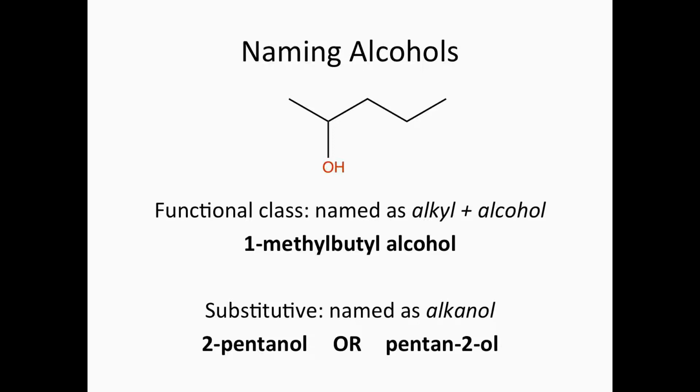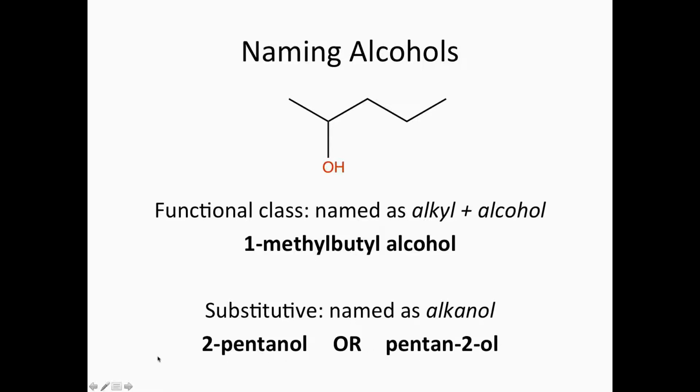Notice that we also include the locant for the alcohol group in the name, and it can go in one of 2 places. It's perfectly reasonable to put the locant before the name of the alkanol, so 2-pentanol. Or alternatively, you can put the locant number before the letters OL, and in this case it becomes pentane-2-ol. So 2-pentanol or pentane-2-ol, these are synonymous with one another.